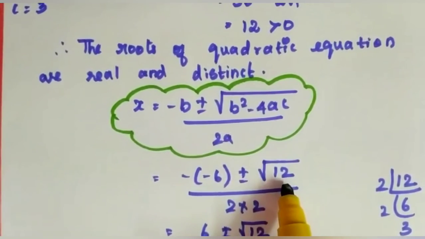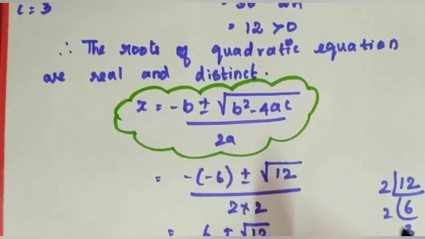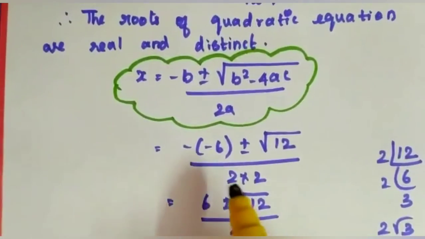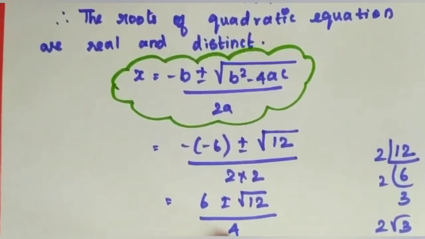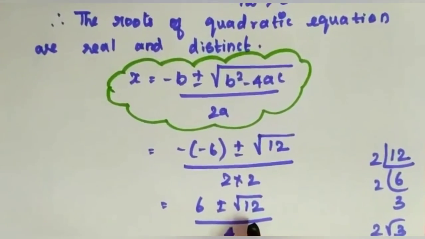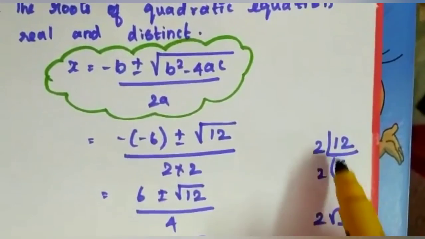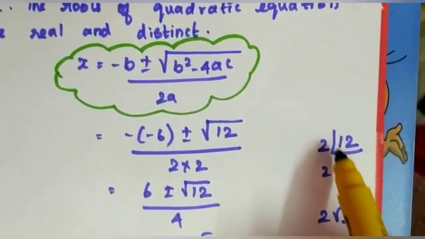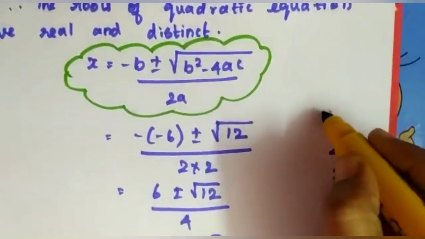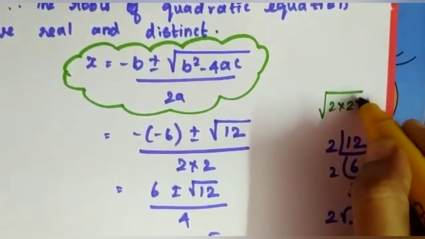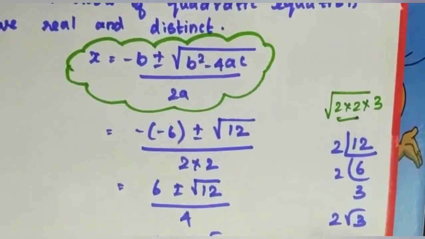You can write the discriminant value here, because b square minus 4ac is nothing but the discriminant. 2 into 2 is 4: 6 plus or minus root 12 divided by 4. You can simplify root 12; for that you have to find the factors first. 12 is 2 times 6, 2 times 2 times 3, and if you take root, we can take a 2 outside, so 2 root 3 will be the answer.